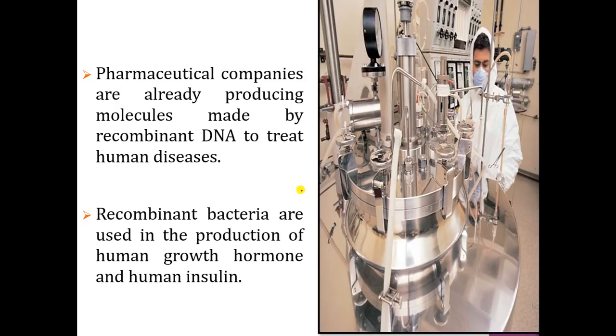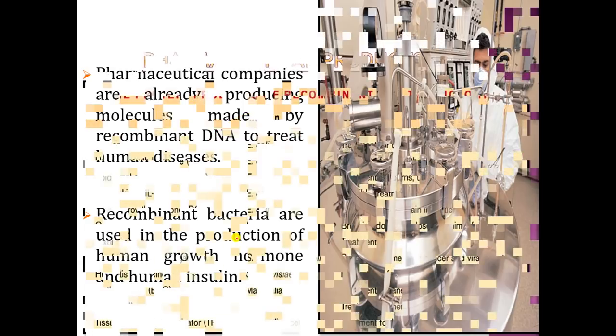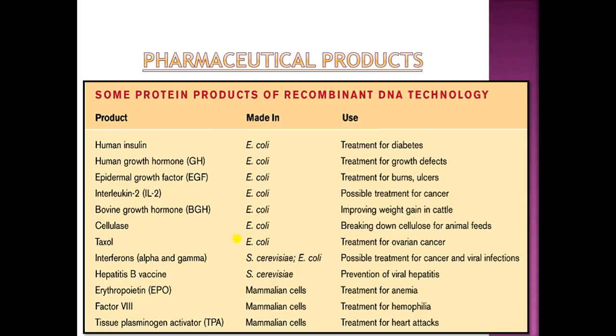The pharmaceutical companies are already producing molecules made by the recombinant DNA technology to treat human disease, and recombinant bacteria are used in the production of human growth hormone and human insulin. You can see the products for varieties of diseases produced by the recombinant DNA technology.